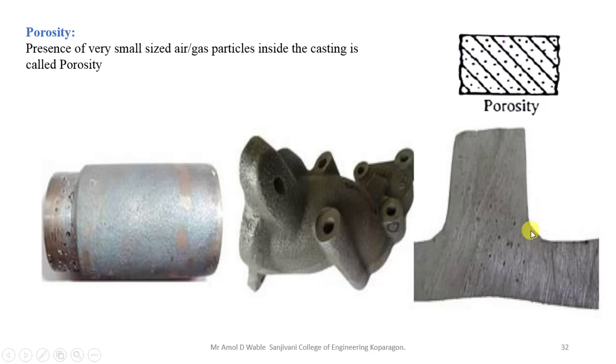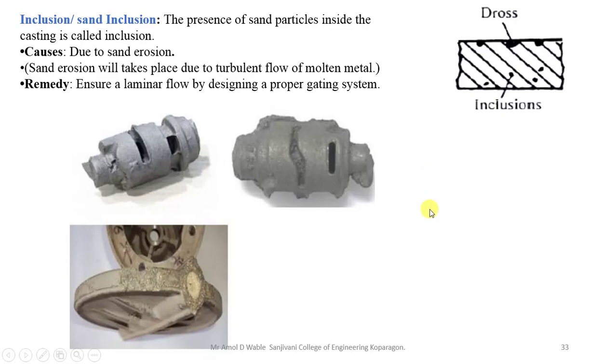You can't completely eliminate this defect, but you can reduce it. So these are the components where porosity has formed. The presence of very small size air or gas particles inside the casting is called porosity. Again you can use the causes and remedy of the previous concept.